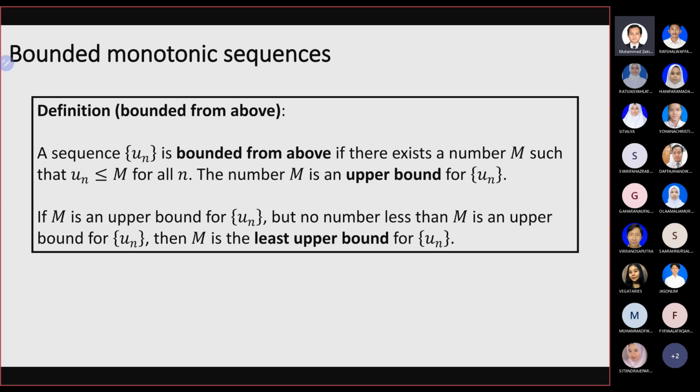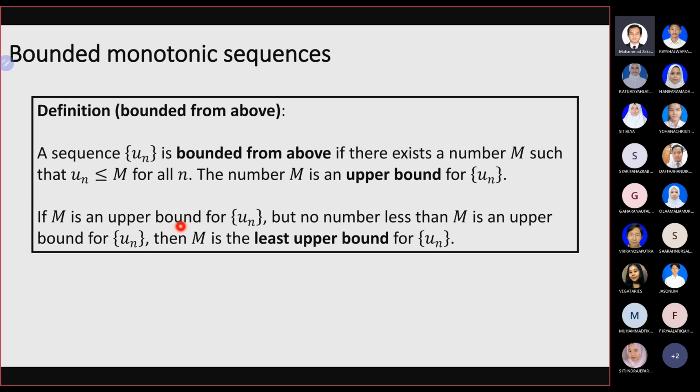we are learning a new term that is called bounded monotonic sequence. First we say a sequence is bounded from above. A sequence is bounded from above if we can find a number m such that the sequence is always less than or equal to that number for all n. Then here we say that m is an upper bound.